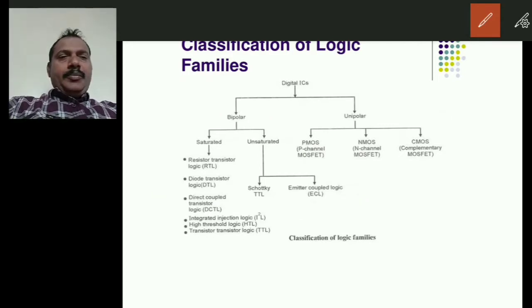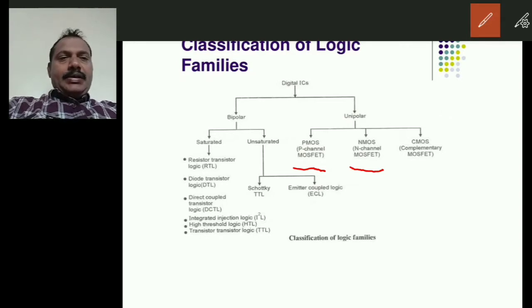In unipolar, we have three categories. One is PMOS, that means P channel MOSFET. And NMOS, N channel MOSFET, and CMOS, complementary metal oxide semiconductor.